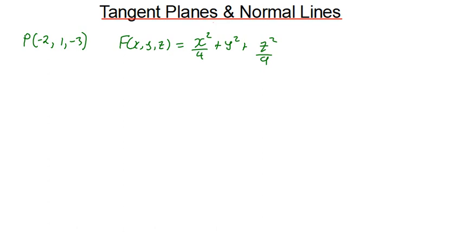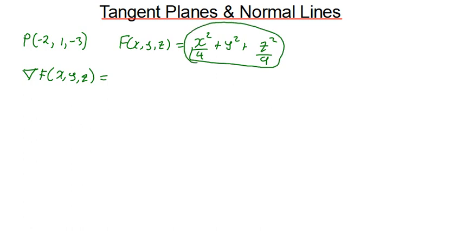So first things first, I have to determine what my normal vector is, or I would say the gradient. So if I say that function f(x, y, z), I'm finding the partial derivative of this whole function with respect to x, with respect to y, and with respect to z.